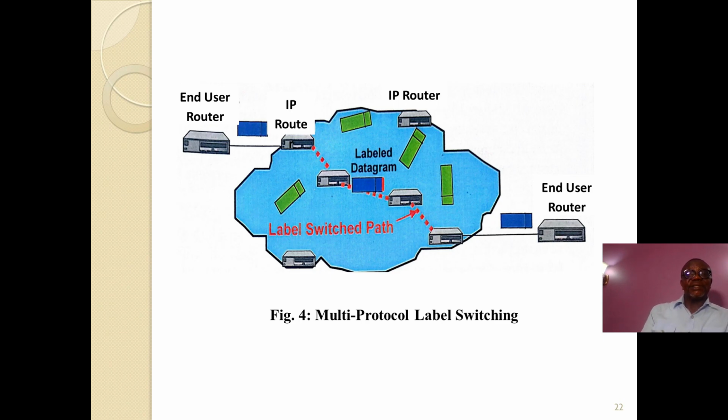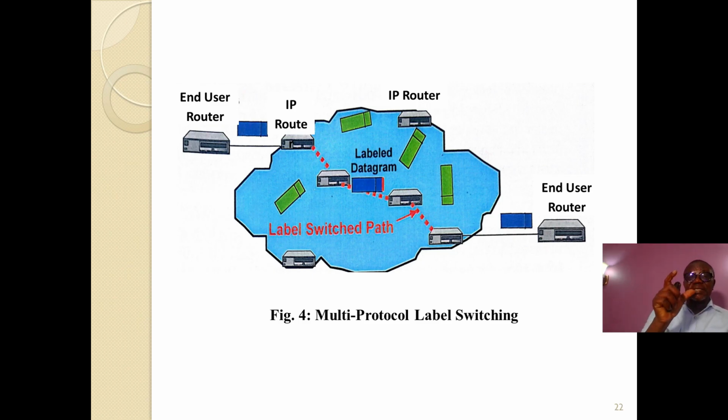Immediately it terminates, if the end user on the left wants to connect to the end user on the right, this path may no longer be available. Then it will have to follow from the IP router up, the one up, and come back to this one before getting to this end user.